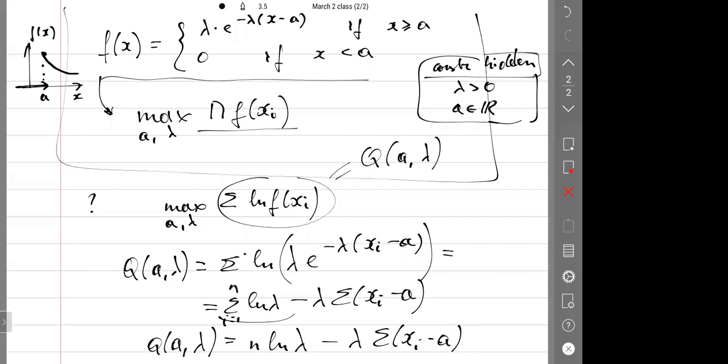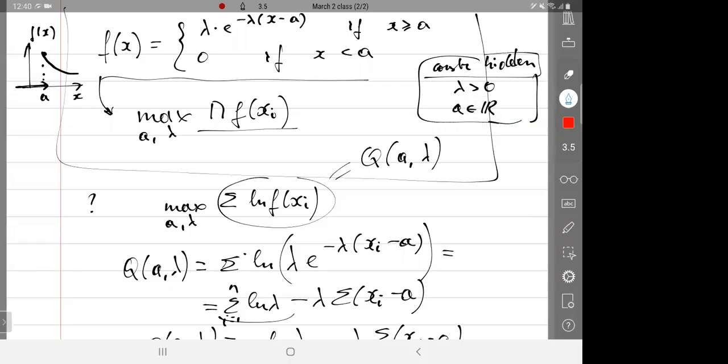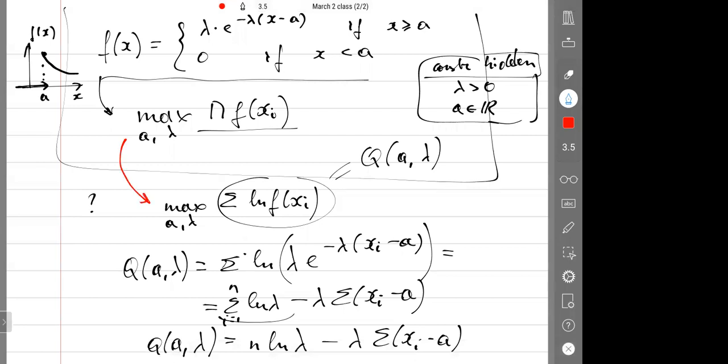What is the subtle error we have made? The subtle error is here. We have implicitly assumed that the logarithm exists. And that's not always the case.